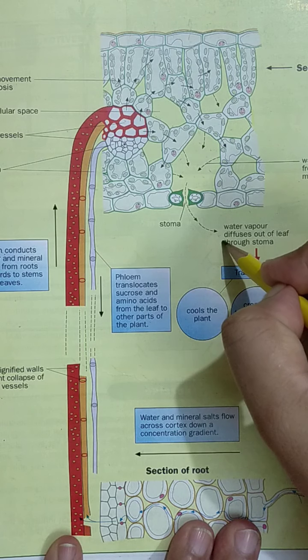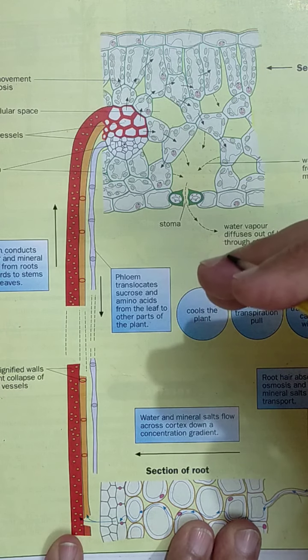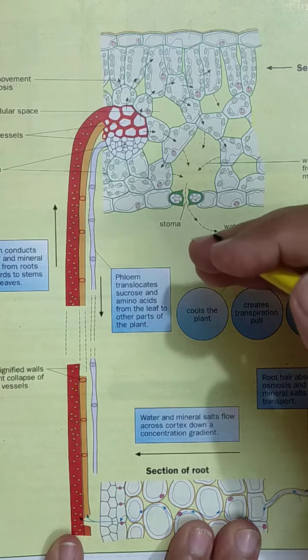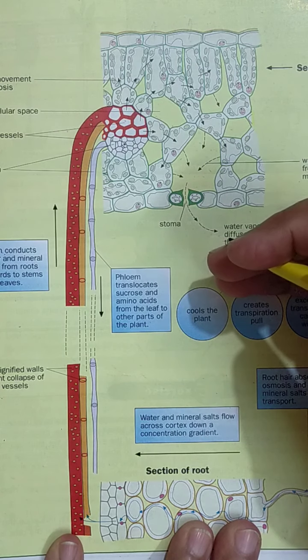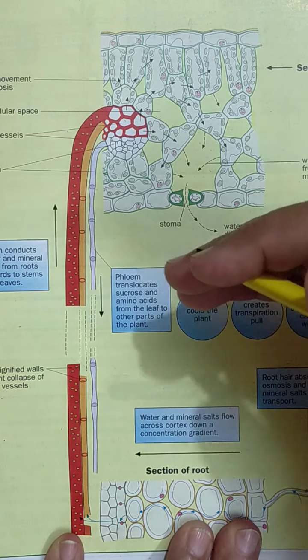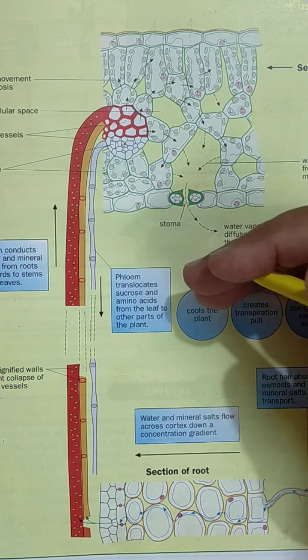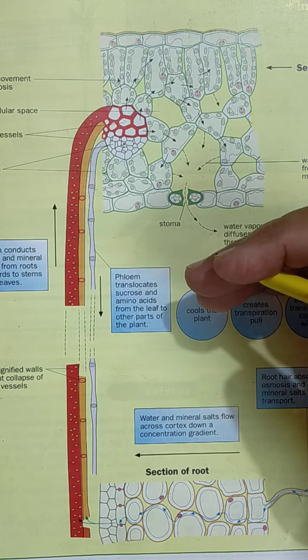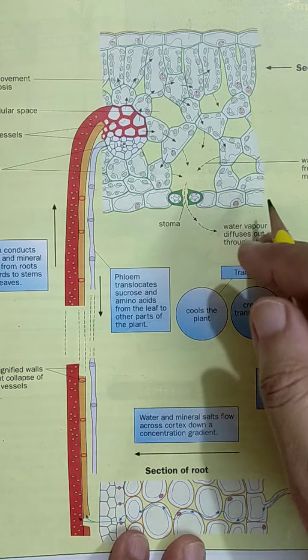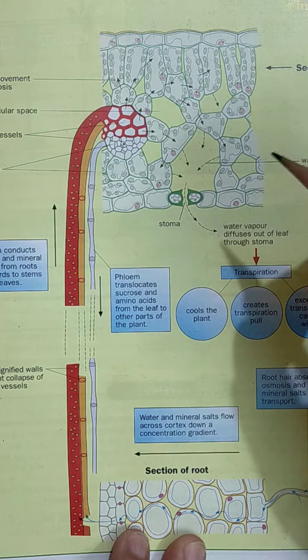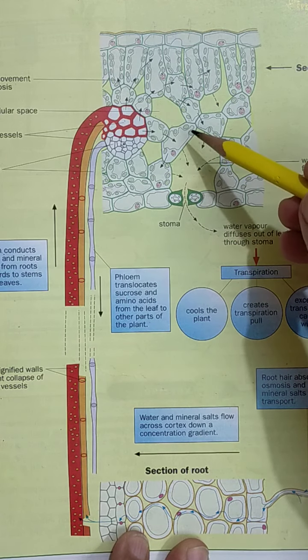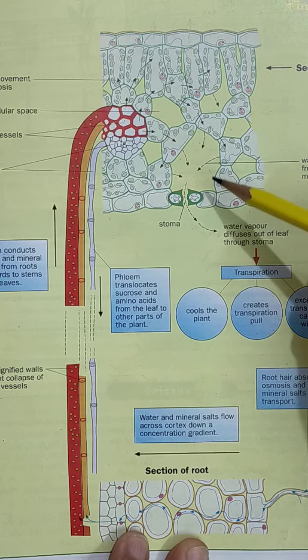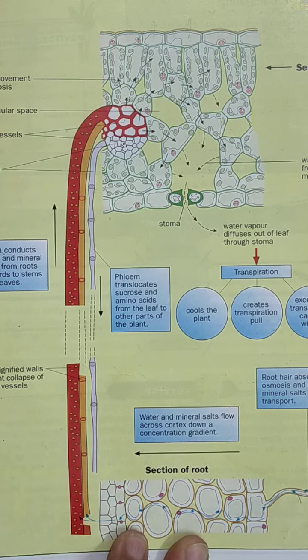But remember one thing, in plants more than 98% or 99% of water is lost into the atmosphere by the process of transpiration. Just 1 to 2% water is utilized in photosynthesis. So maximum water loss takes place through the stomata.